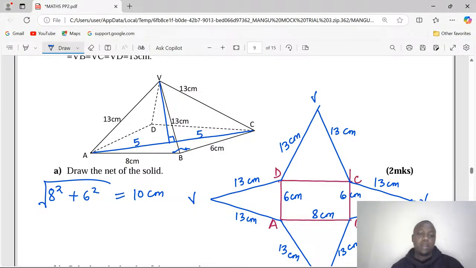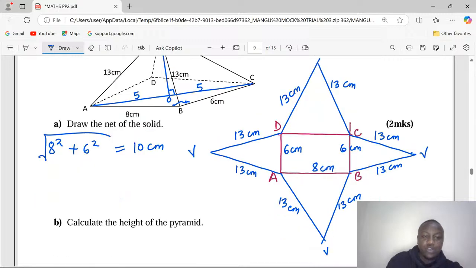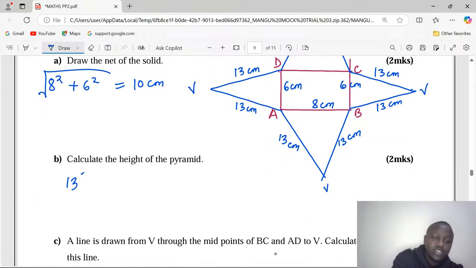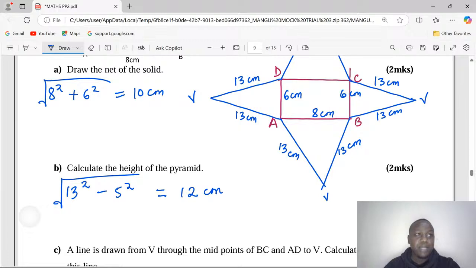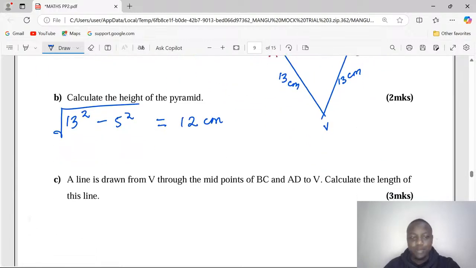The height is unknown, but being a right angled triangle, we can use 13 and 5 to get the side VO. So 13 squared minus 5 squared, the square root, is going to give us exactly 12 centimeters. So the vertical height for that pyramid is 12 centimeters.